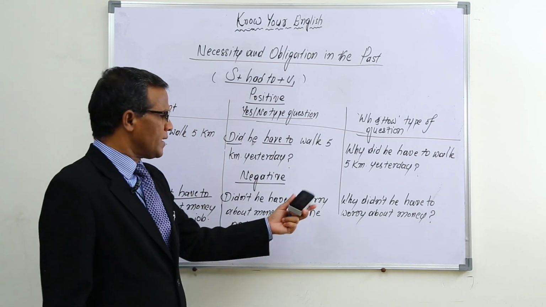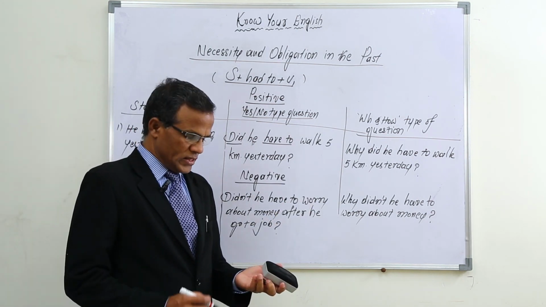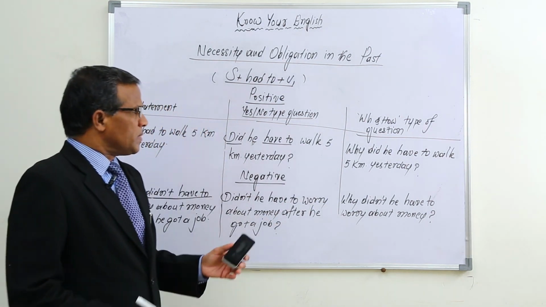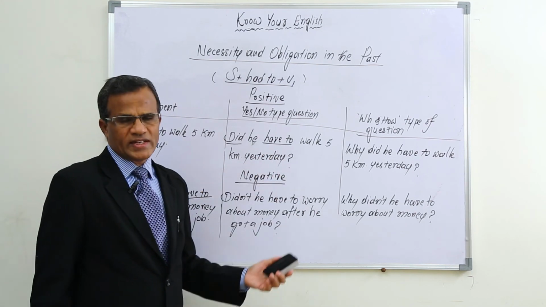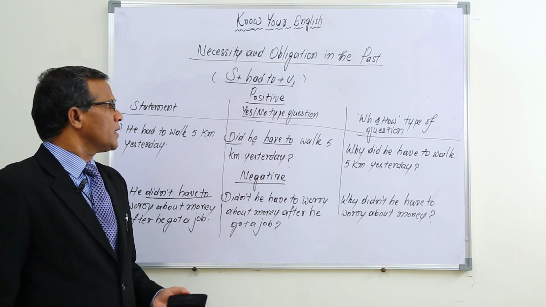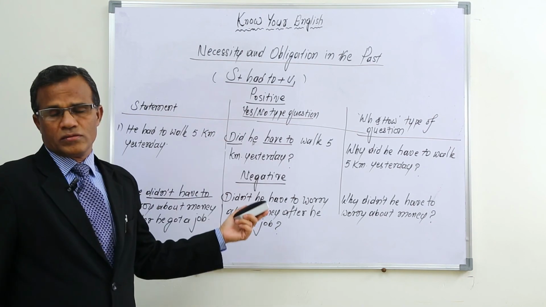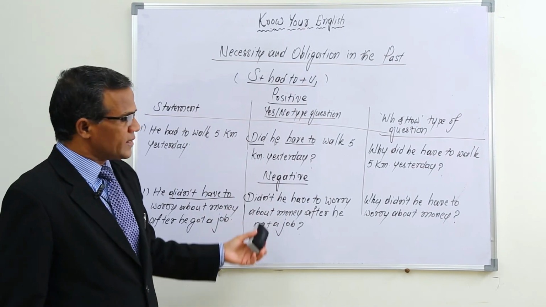So such a way we can put a question. Okay, in this way, simply by using did and have to as helping verbs, we can frame questions in positive and negative all types of sentences also.